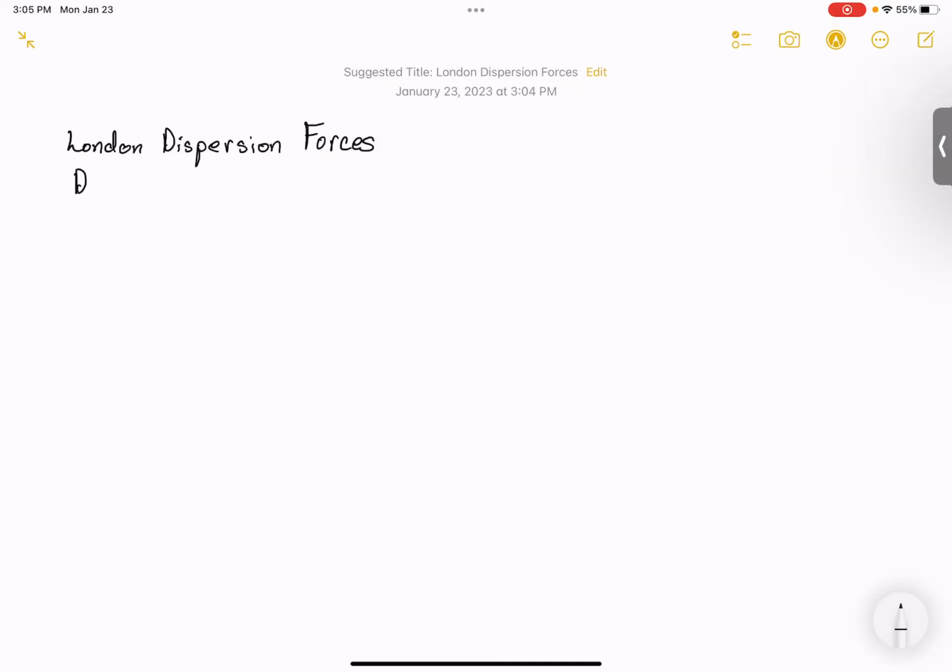The second type we talked about was dipole-dipole forces. If you'll recall, dipole forces exist in any molecule that is polar. And then finally, we talked about hydrogen bonding forces.